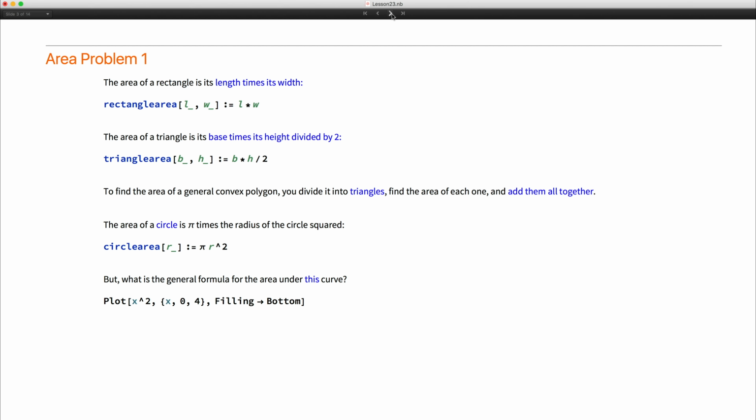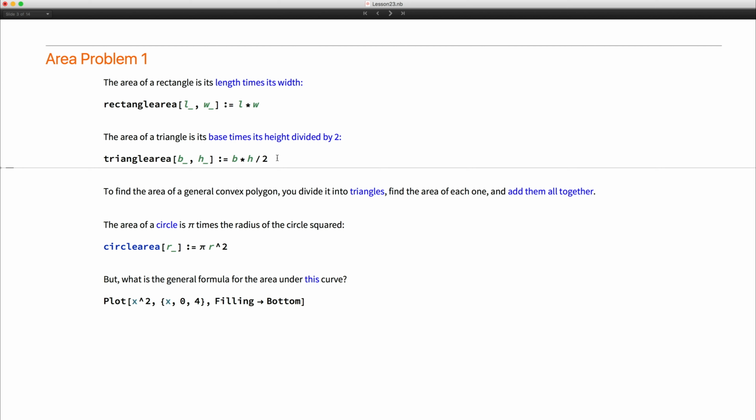Okay, so let's begin with some review of your earlier work. If you have a rectangle, then its area is length times width. On the other hand, if you have a triangle, then its area is base times height over 2.